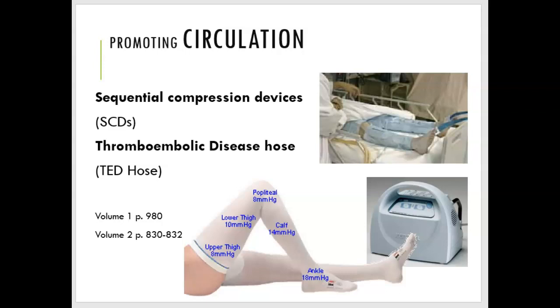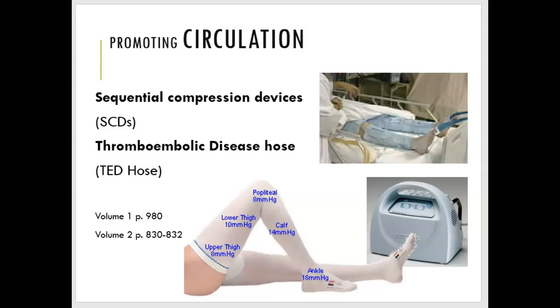So what if I was a little tiny person, and somebody got me a pair of large TED hose? Well, they'd probably be falling down to my knees or my ankles. So there's no purpose in that.